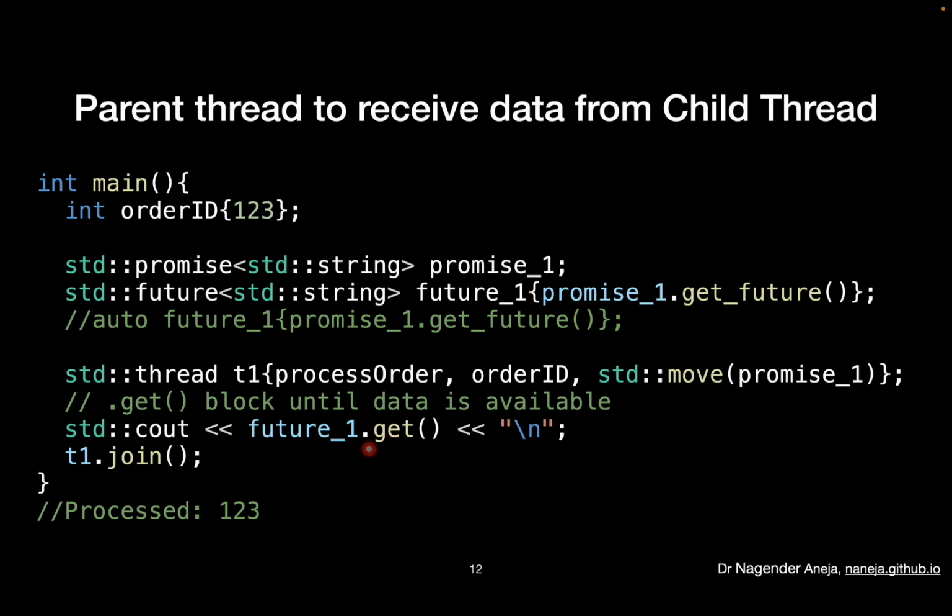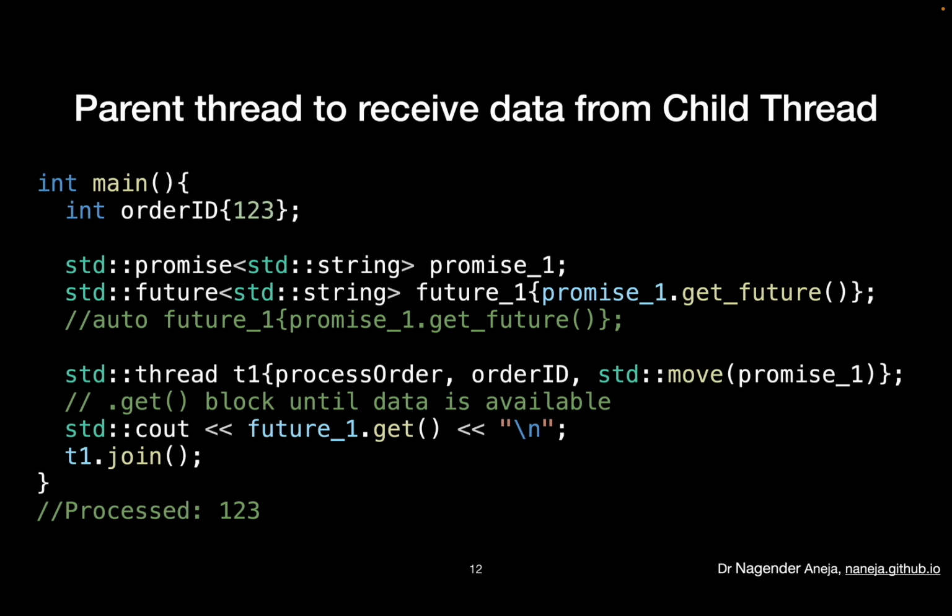And then here we are saying future one dot get. So future one dot get, the main thread will execute this and will block until the data is available. Block means it's possible that the thread has not yet set the value, but the future called the get first. So it's possible, right? So the blocking means the main will not proceed further.